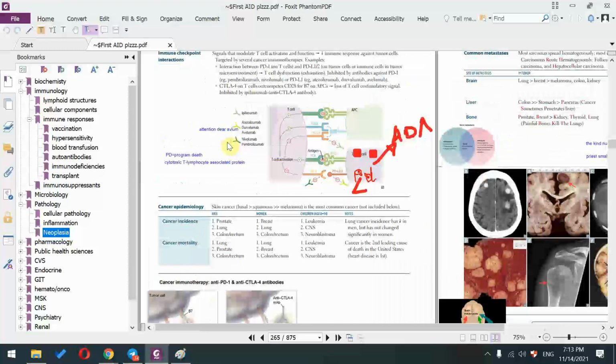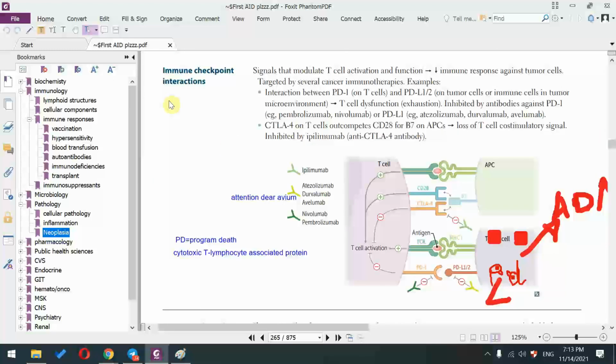So the immune checkpoint interactions. Here they write that there are some signals that modulate the T cell activation and function. For dealing with the cancer cells, we need the T cells to be more active or less active? More active. Good.